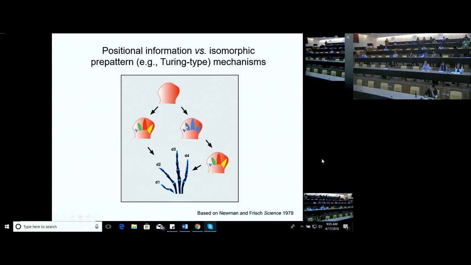They may be slightly different sizes, but it's the same thing because you have a wave-like process that just activates the tissue in different places. And then later on, these can become kind of customized, like cars coming off an assembly line that are all identical to begin with, but then they become customized.